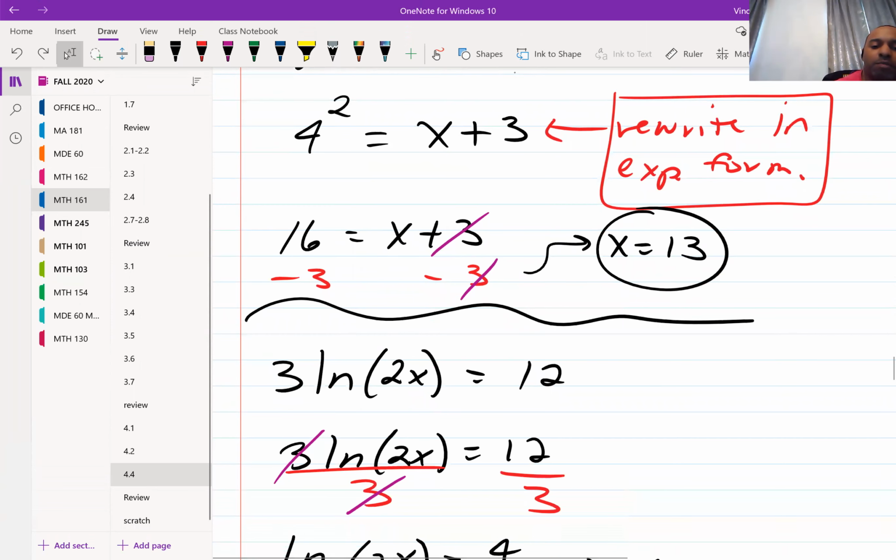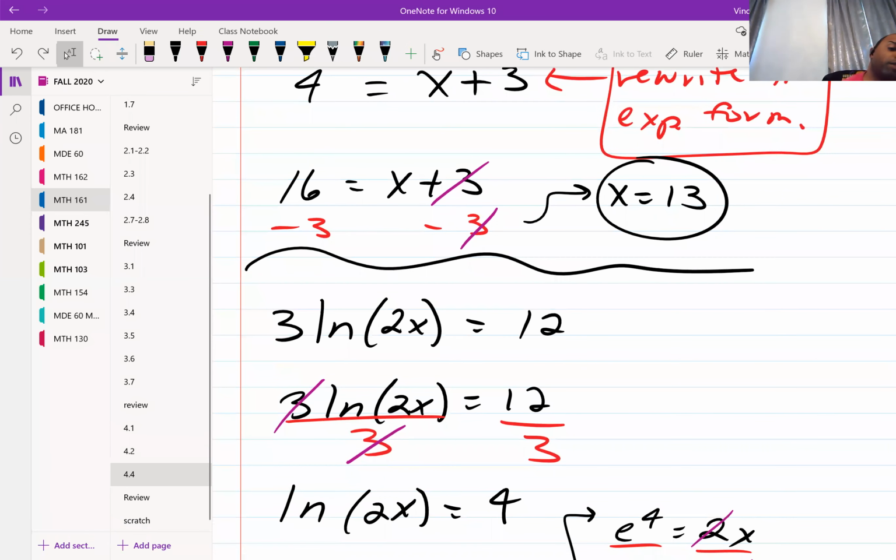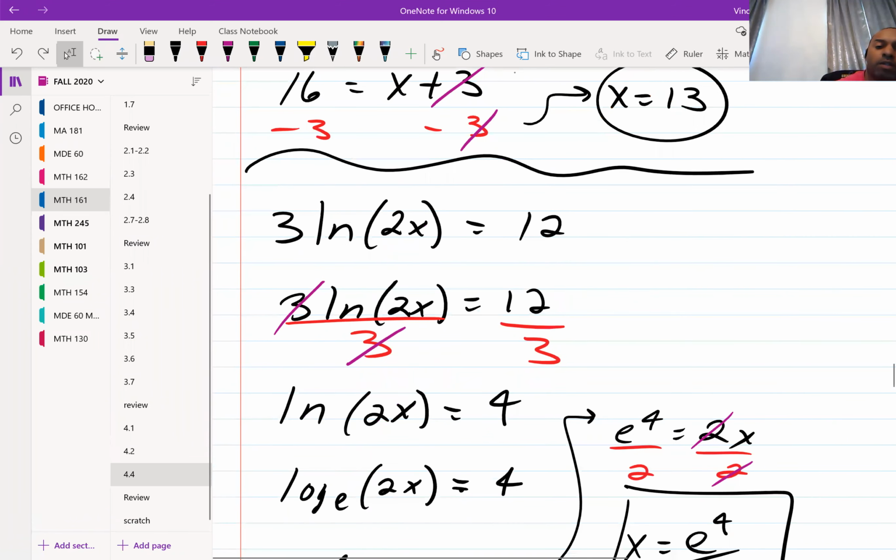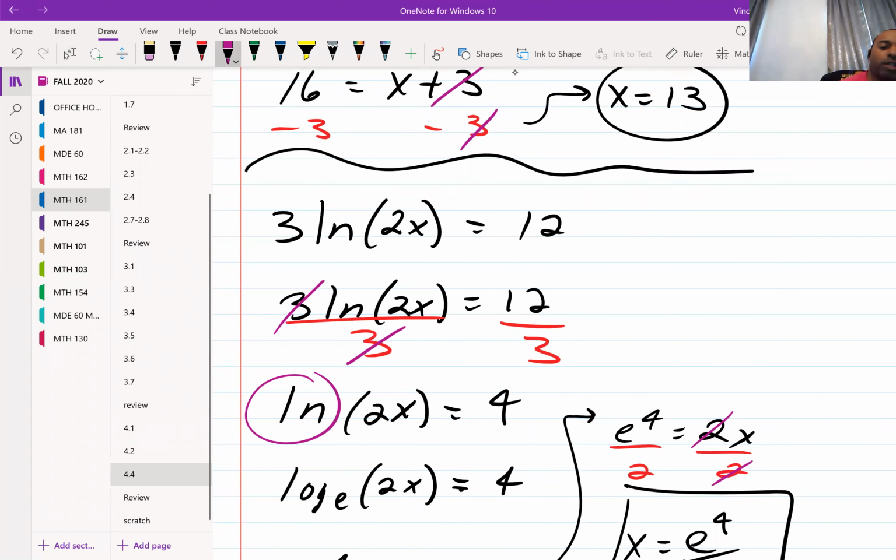So we divide both sides by 3, giving us natural log of 2x equal to 4. Then don't forget that natural log is the same thing as log base e.